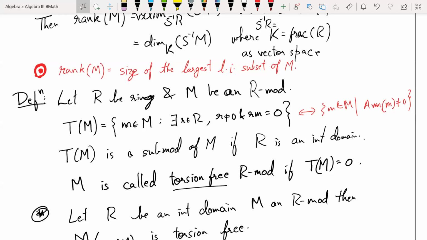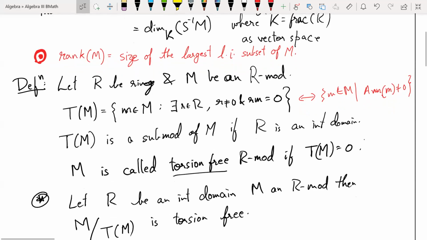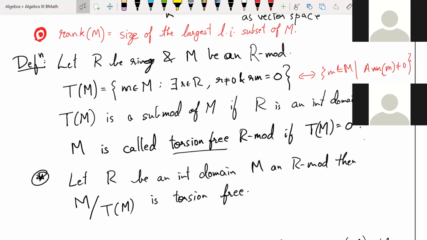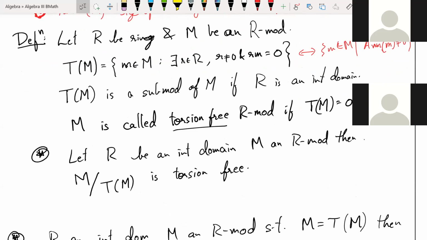And we saw that if R is an integral domain, then the set of torsion elements is a submodule. So you can say the torsion submodule of M, if R is an integral domain. But in general, the set need not be a submodule. And we say that M is called torsion free if the torsion part, the set of torsion elements, consists of only zero.